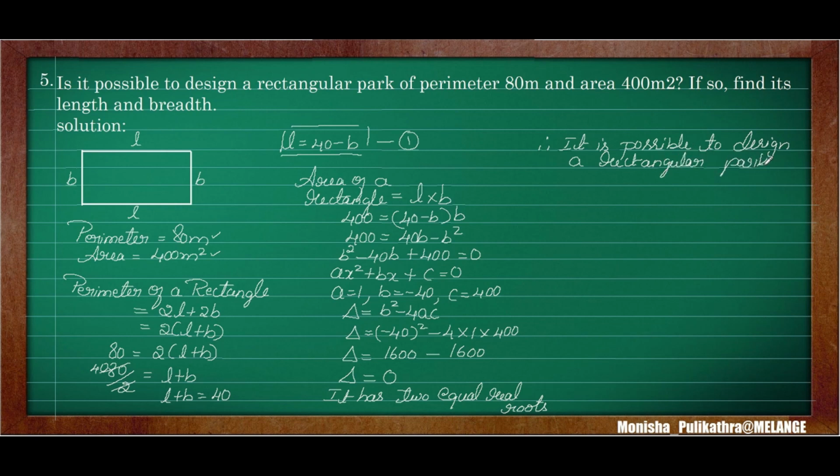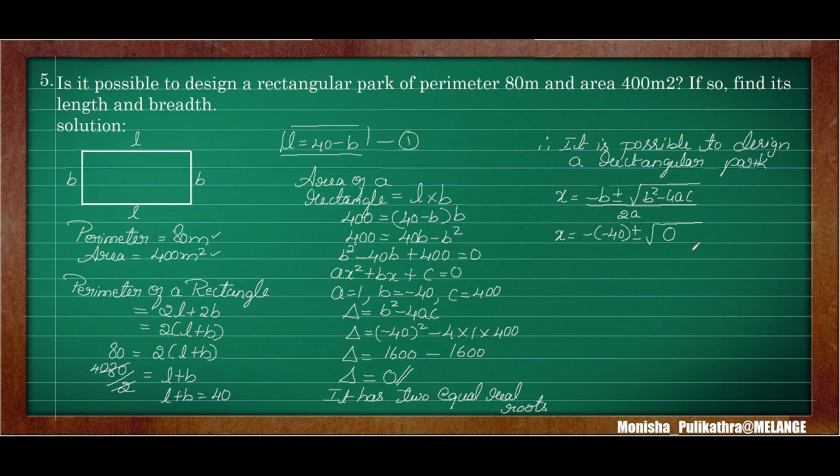Okay, now we need to apply the quadratic formula. The quadratic formula is x is equal to minus b plus or minus square root of b square minus 4ac, whole divided by 2a. Okay, so x is equal to minus b, here b is minus 40, so minus of minus 40, plus or minus root of b square minus 4ac, which we have already found out is equal to 0.